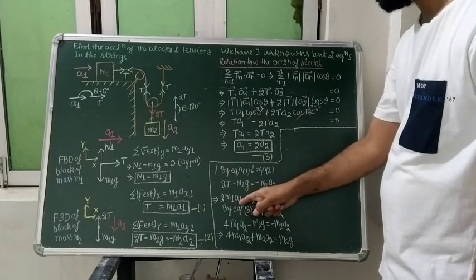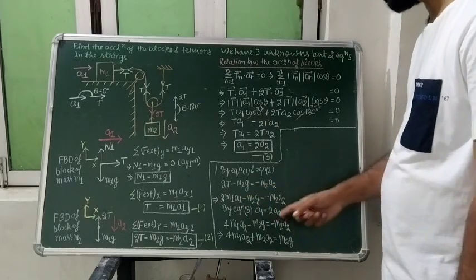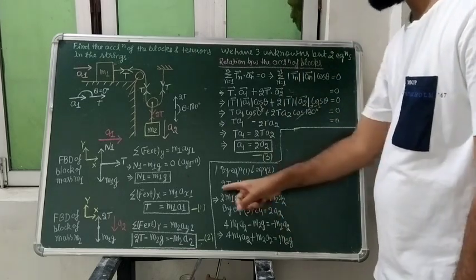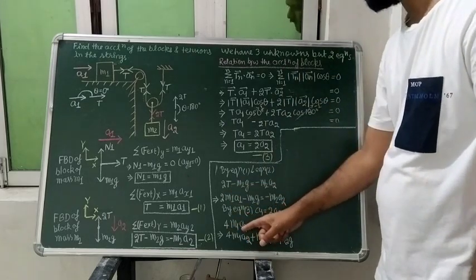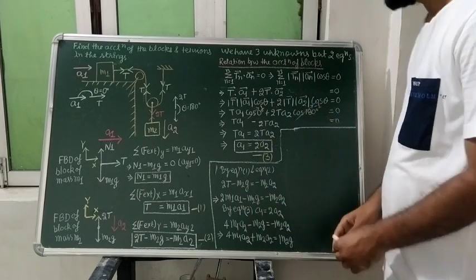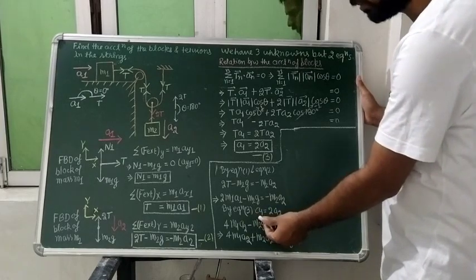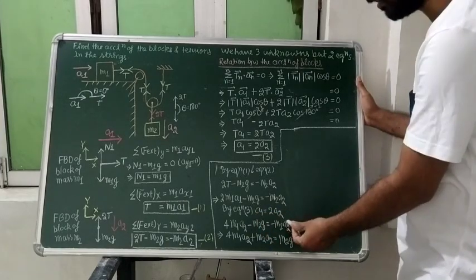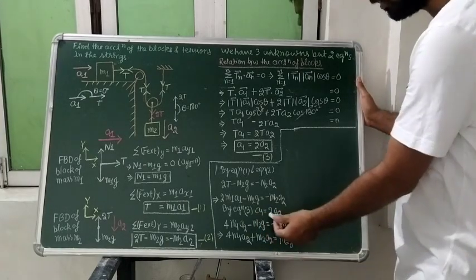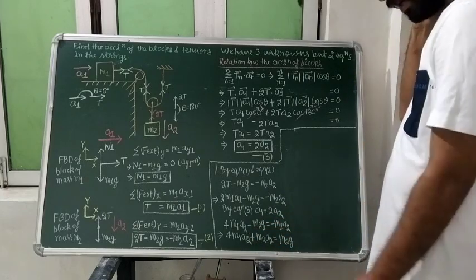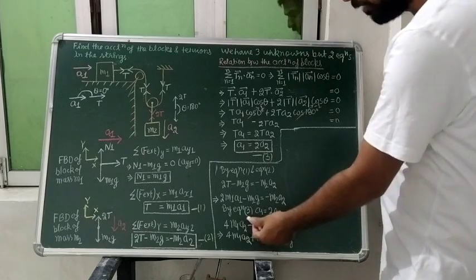So in place of a1, we will write twice of a2. So this 2 multiplied by 2 will become 4 here, and in place of a1 we can write minus times of this m2g should be equal to what? Minus m2a2. Of course this minus m2a2 I have brought to the left side, and this m2g I have brought to the right side.